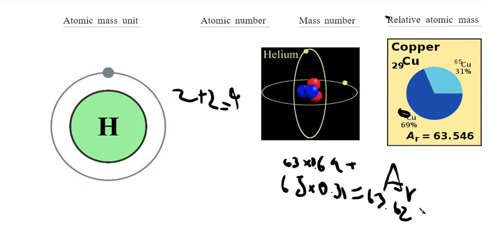This is very close to the relative atomic mass of copper, because there are lots of other isotopes that might add plus or minus to the atomic mass that you got. But to a certain point, you have to stop adding isotopes, because there could be very large quantities of them.